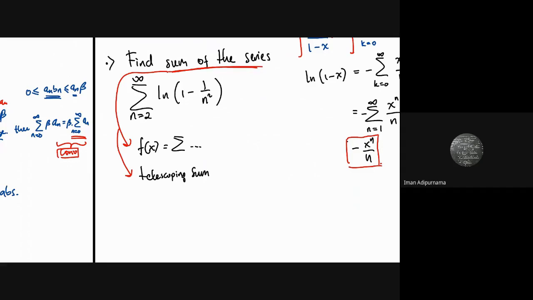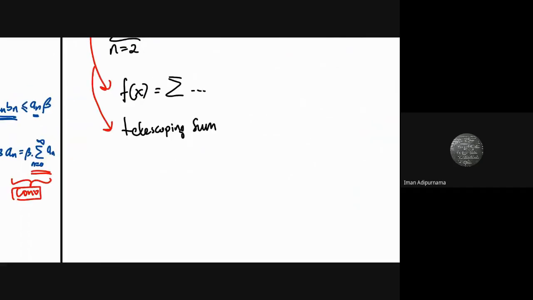Telescoping sum means you need to make the form of the functions, like for example, this is the sum, and you need to make it in this form, and it's having the n and this another n, maybe n squared or maybe just n.